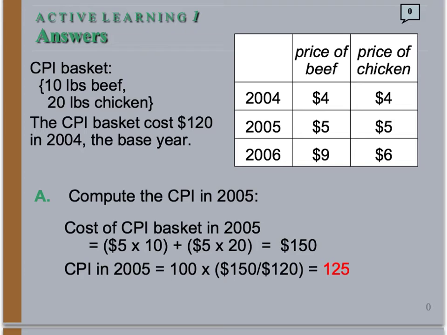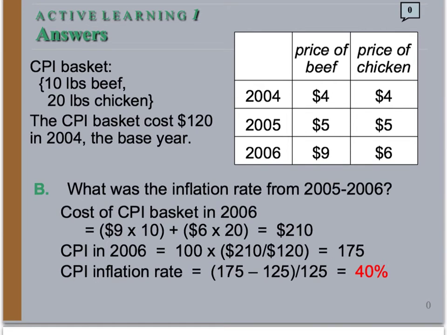So as you can see, in part A, the CPI for 2005 was 125, given this basket of goods and these prices. Hope that's the answer you got. And part B, the answer is that the inflation rate was 40%. Once again, I hope that's the answer you got.